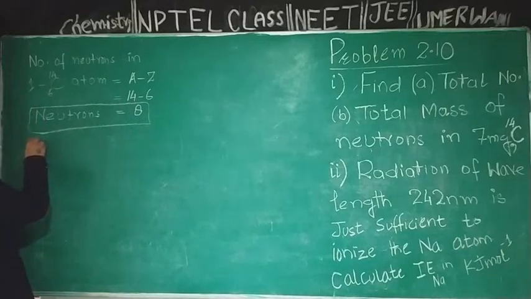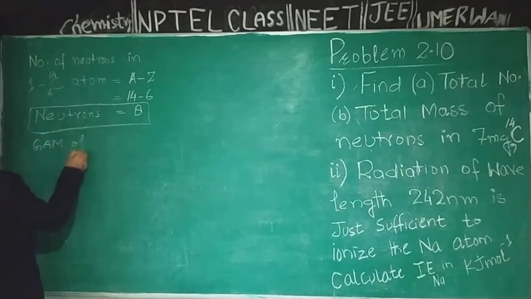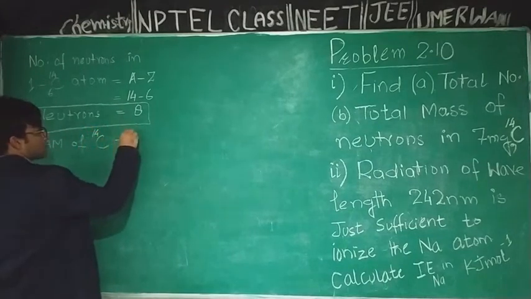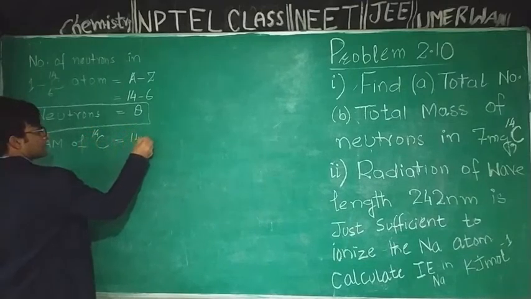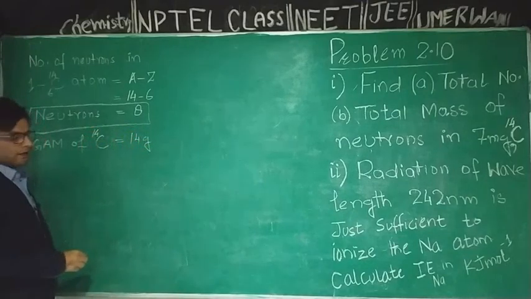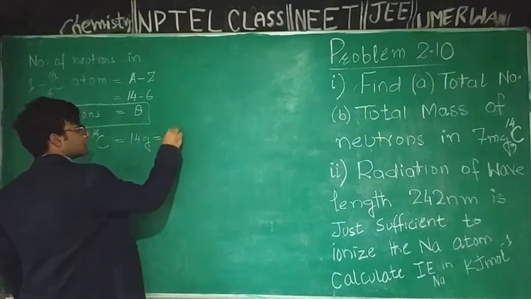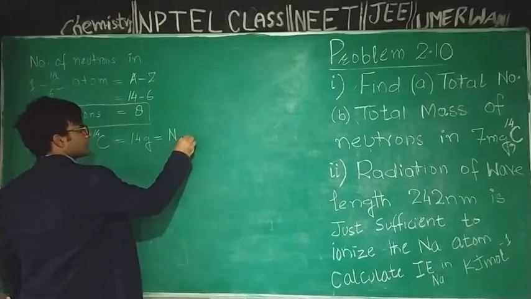We know the gram atomic mass of carbon 14 is 14 grams, and it is the mass of its Avogadro number of carbon 14 atoms, Na.